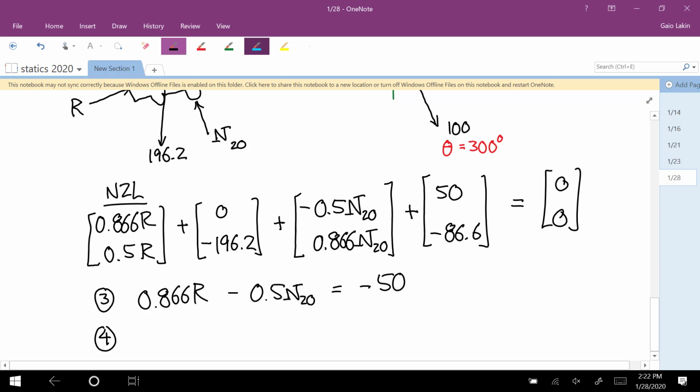And the fourth equation says positive 0.5 R plus 0.866 N20 is equal to, can I do that in my head? 182.8.